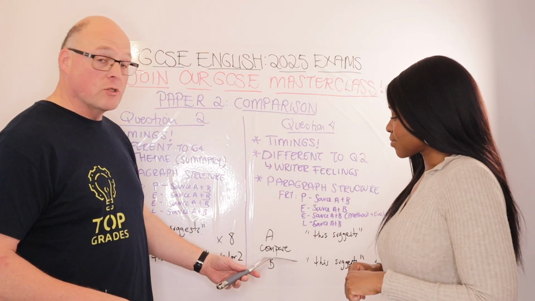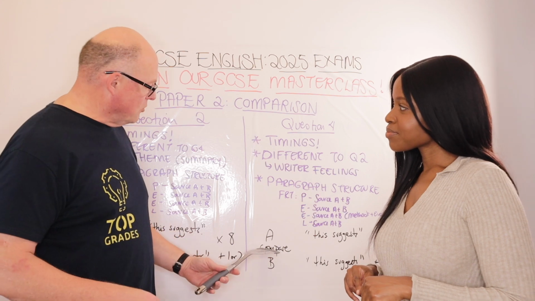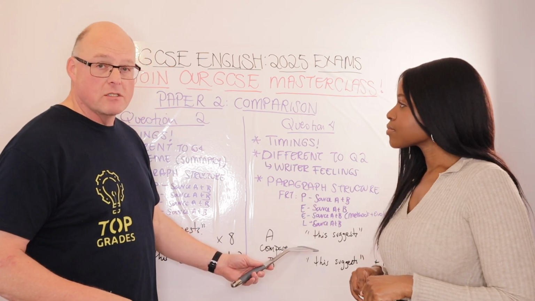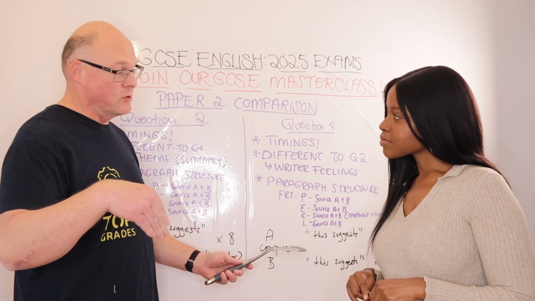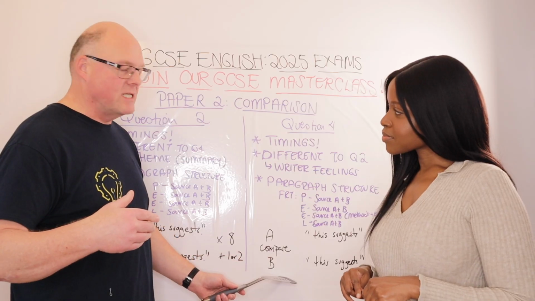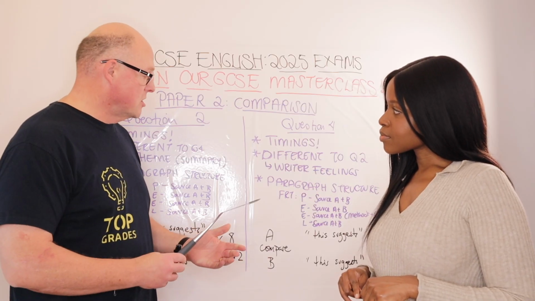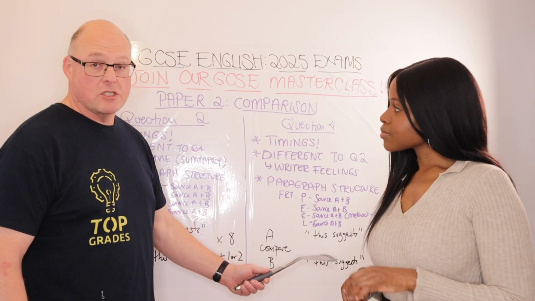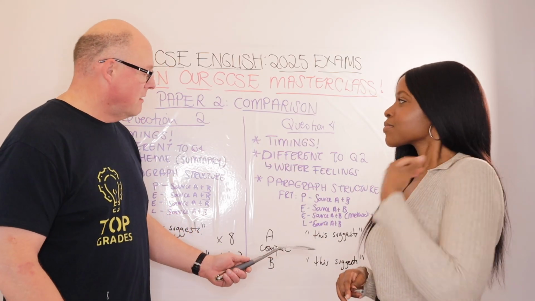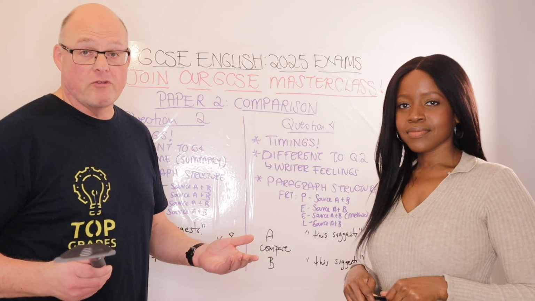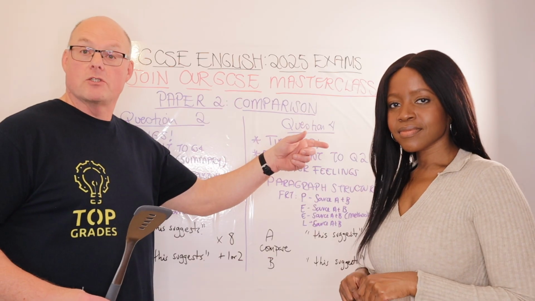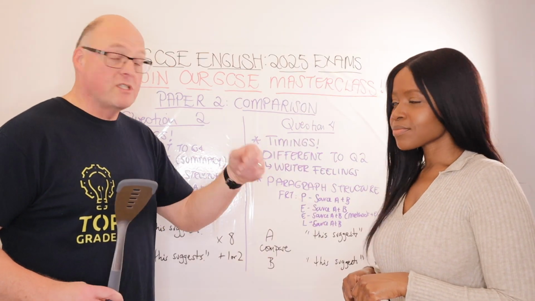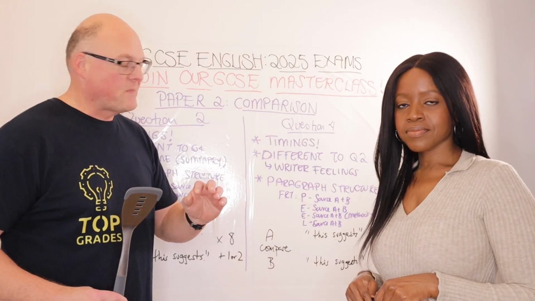Then I need to get to Source B. Again, I've got my choice of writing a comparison sentence between Source A and Source B, or if I forget, I'm going to write it at the end. Just as before, when I'm writing my this suggests for Source B, I'm going to realise straight away, oh, that was similar to something I wrote about Source A. I'll say it's similar, or that was different, I'll say it's different.